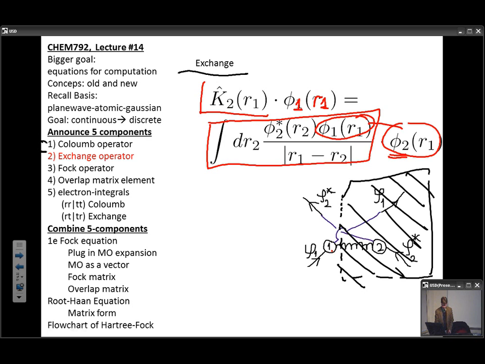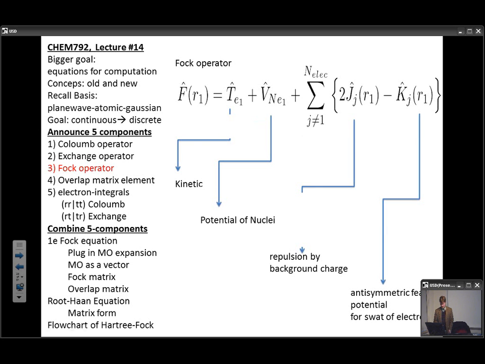Okay, so we are not almost done. We're just 2 steps into our list of concepts. Let's go forward. Next is the Fock operator. This is something that should affect a one-electron molecular orbital.